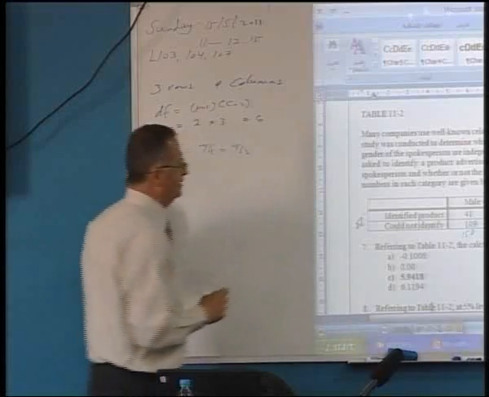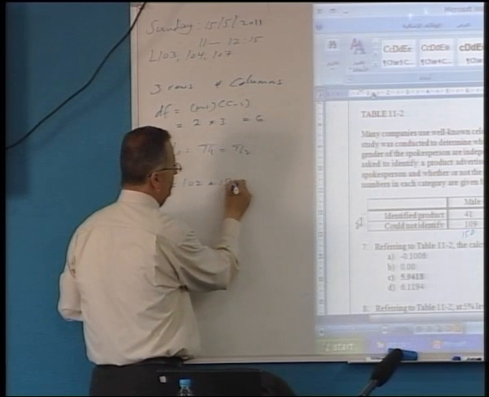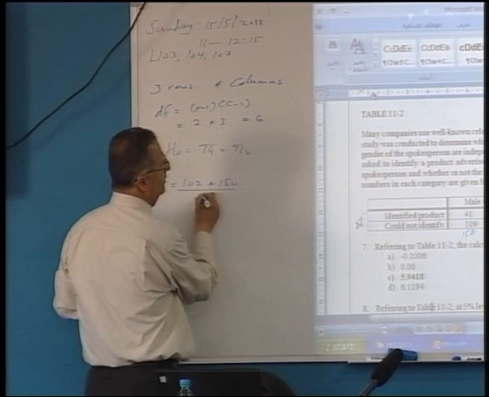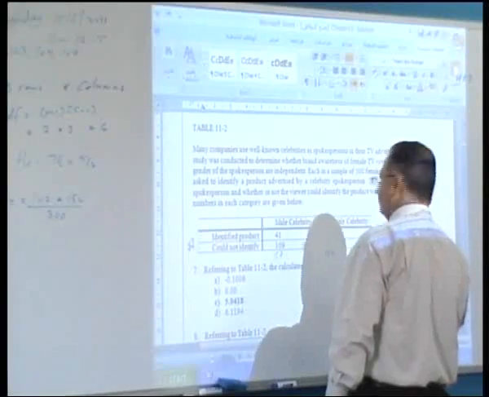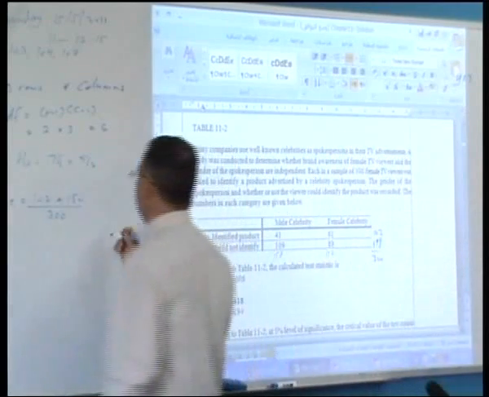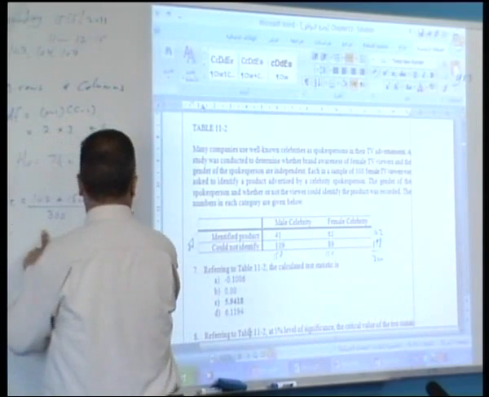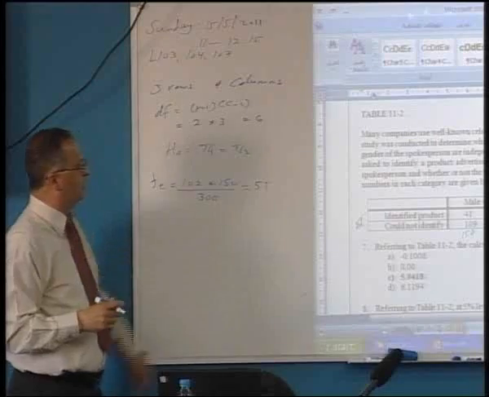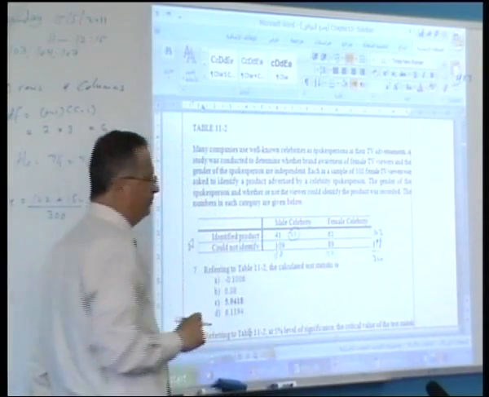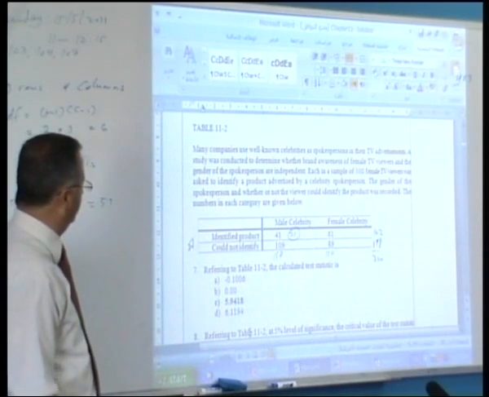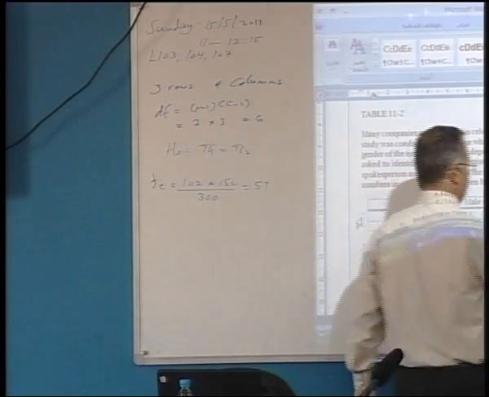So the expected frequency for the first cell is 102 times 150 divided by 300. So the answer is 51. The other one is just 102 minus 51, which is also 51.